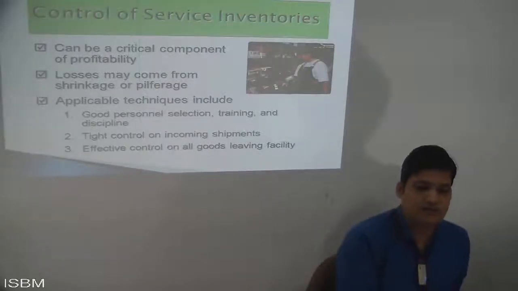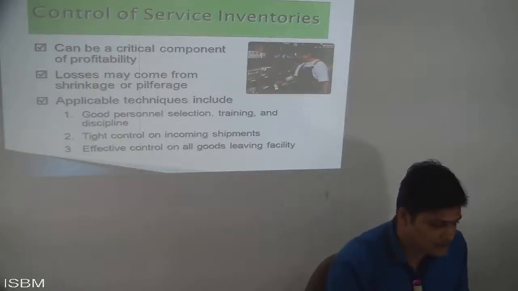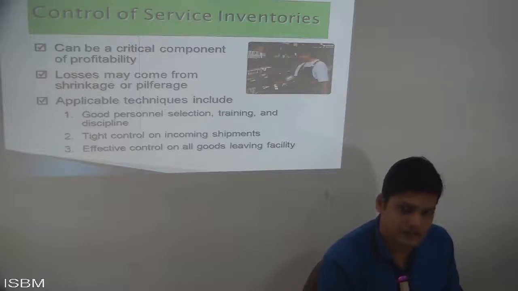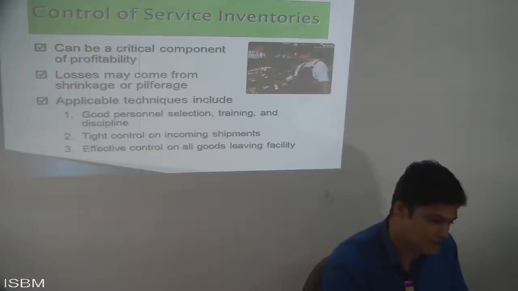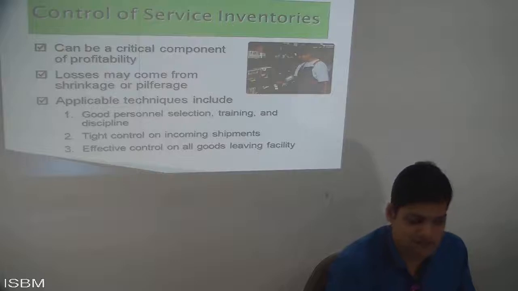Tight control on incoming shipments: in the sense that no one can steal or tamper with the product. If 100 products have come, it should be 100 in the inventory also.